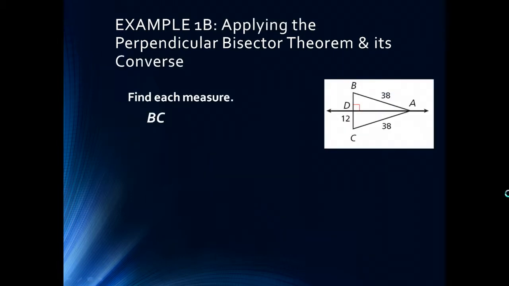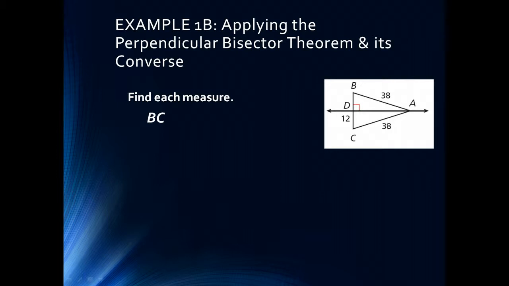Example 1b, we have a sideways triangle, and we want to find the measure of BC. And we see that BC is bisected by line AD, and that BA and CA are the same length.